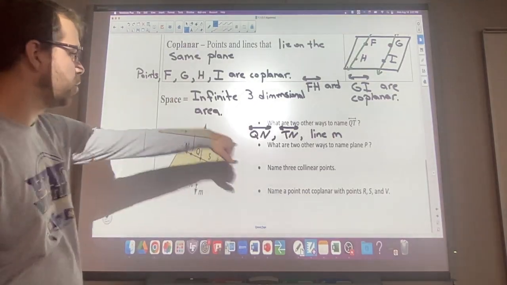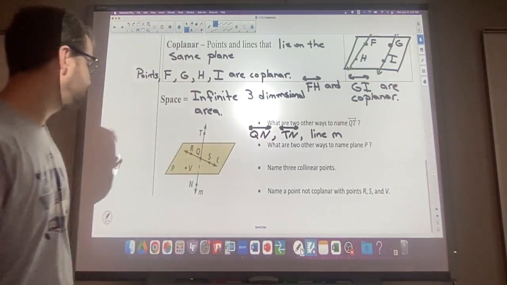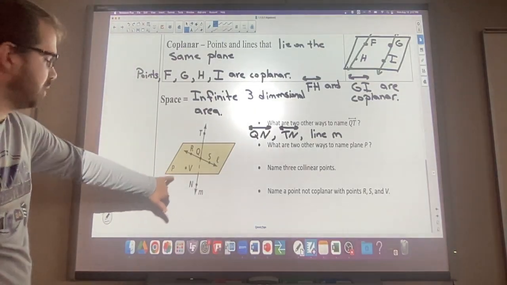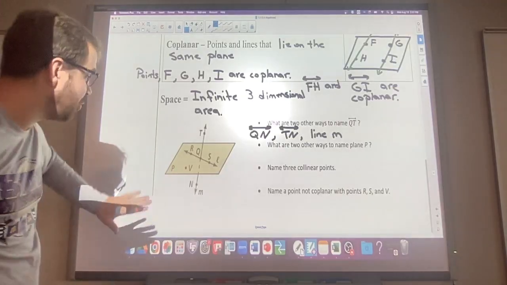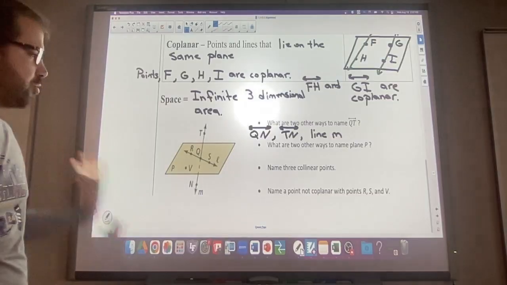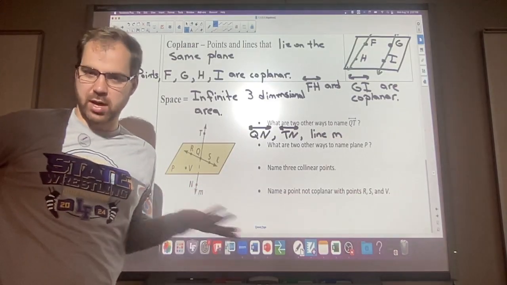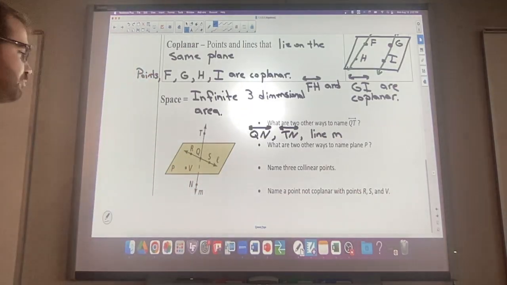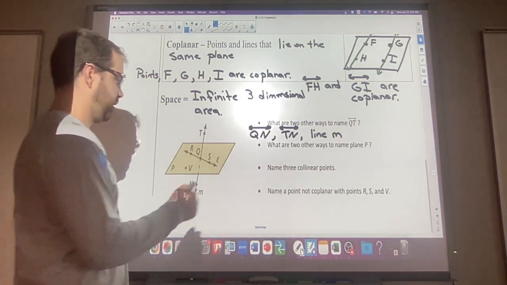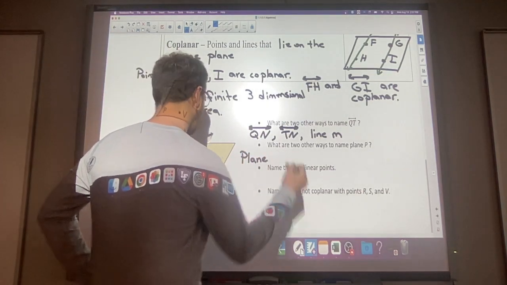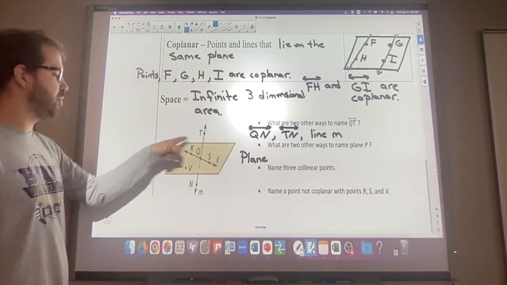Good. What are two other ways to name plane P? Plane P uses this capital letter that's not a point, so the other ways we have to use 3 capital letters. Think of ways we could do that. We have to say plane because there's not a symbol for this. We're just going to pick any 3 points that are on this plane.